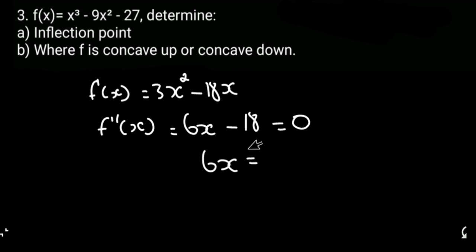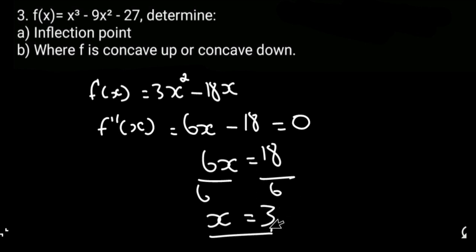We need to transpose negative 18 to the other side of the equation, and we're going to get positive 18. We need to divide both sides by 6. 6 and 6 will cancel out, and we're going to be left with 18 divided by 6. We're going to get 3.